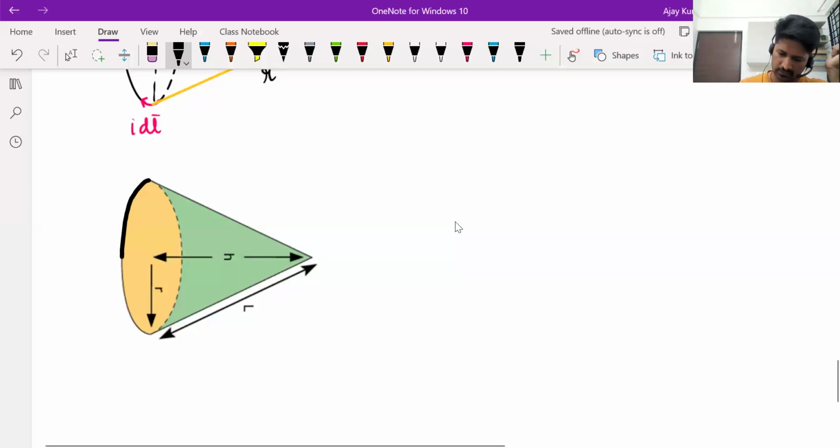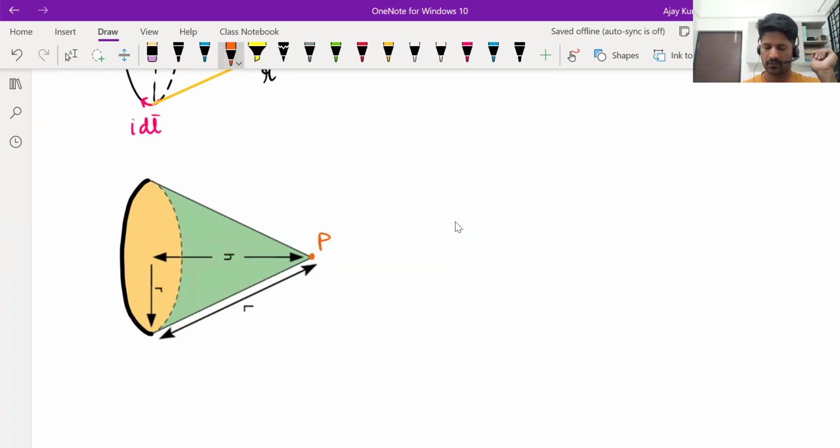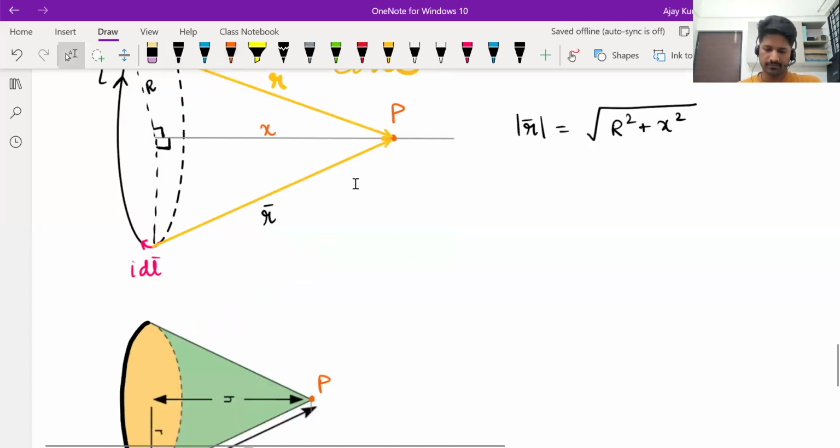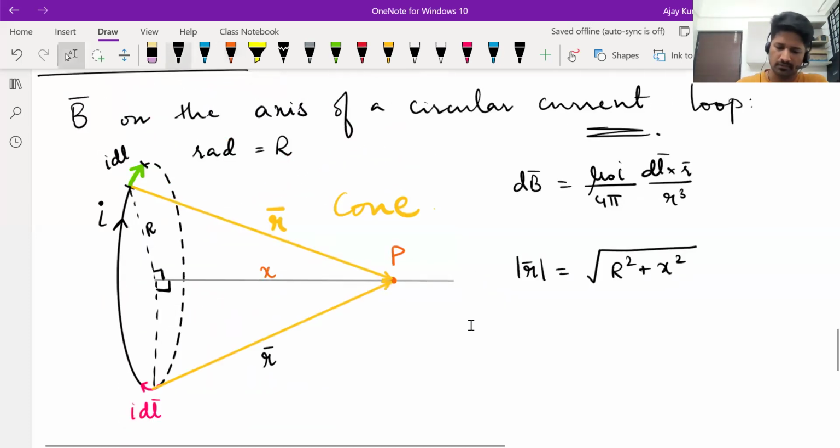This is the circular loop whose magnetic field we want to find out. You can think of it as the base of the cone, and the point P is here. Anyway, so this angle between any element and the corresponding r vector will be 90 degrees. Fine.